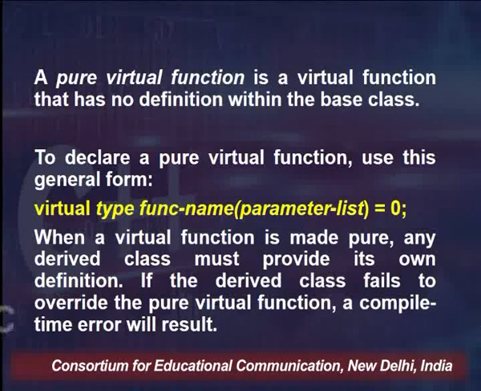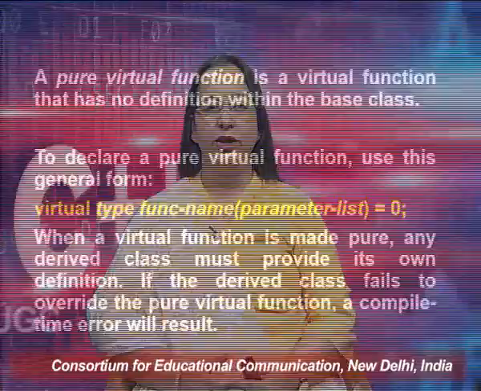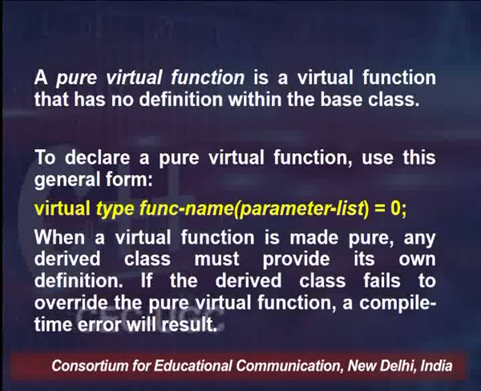Now the question arises of how this pure virtual function will be declared. To declare a pure virtual function, we use a general form which says virtual, then the type, which is nothing but the return type, then the name of the function and the parameter list, equals 0, followed by a semicolon.